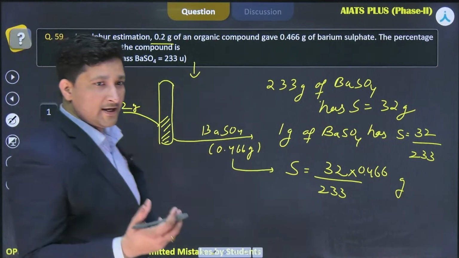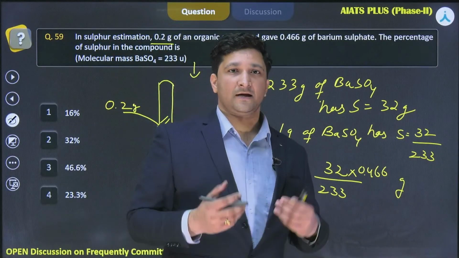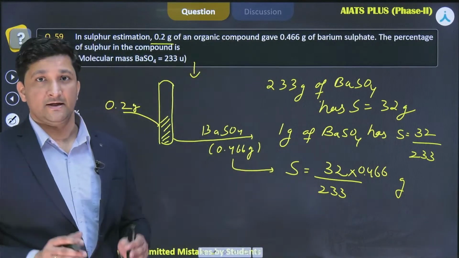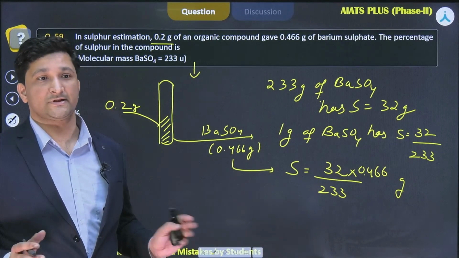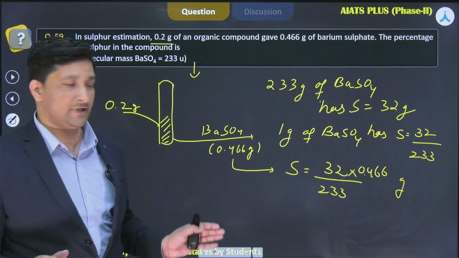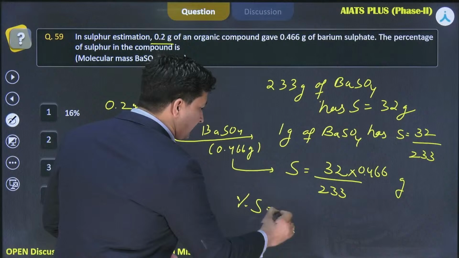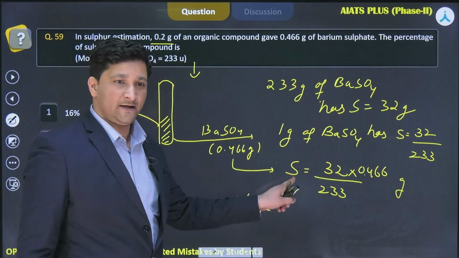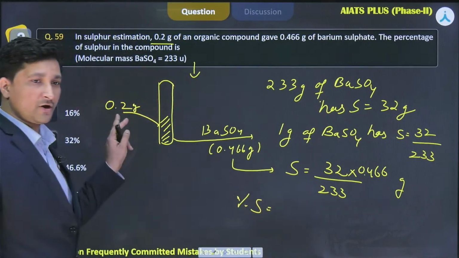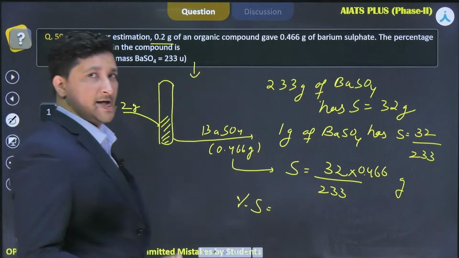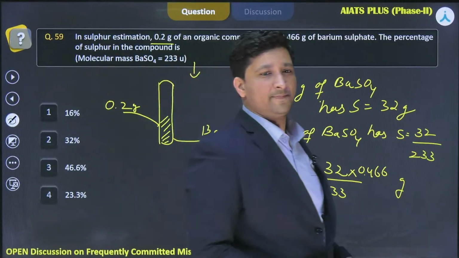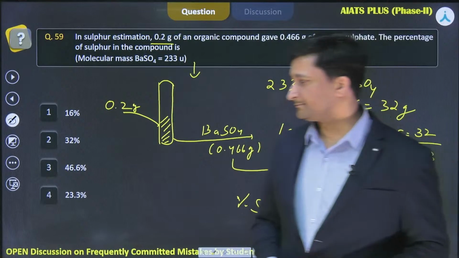If we have to find the percentage, we take the amount of that substance divided by the total mass of the organic compound which we have taken. So to find the percentage of sulfur, it is the mass of sulfur by the mass of organic compound taken, multiplied by 100. This is how we calculate percent. Yes or no?